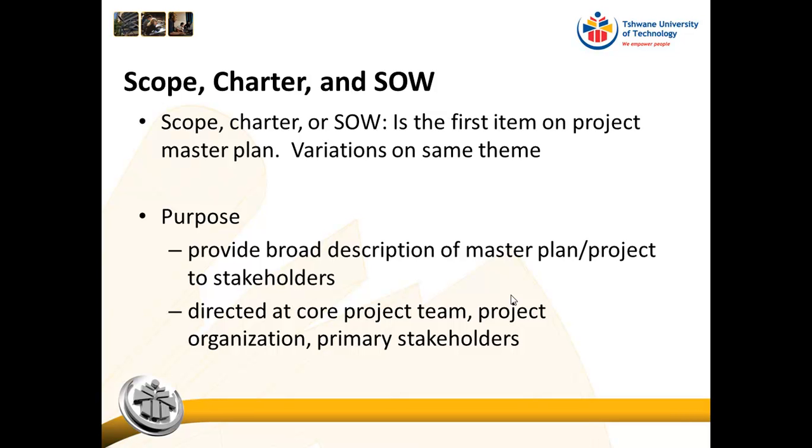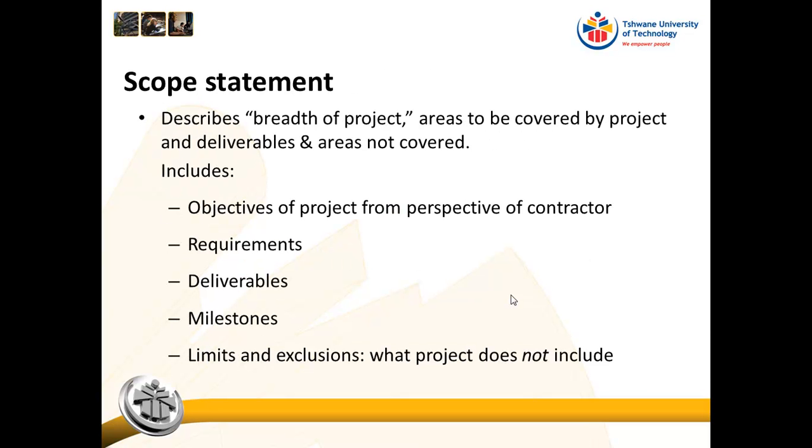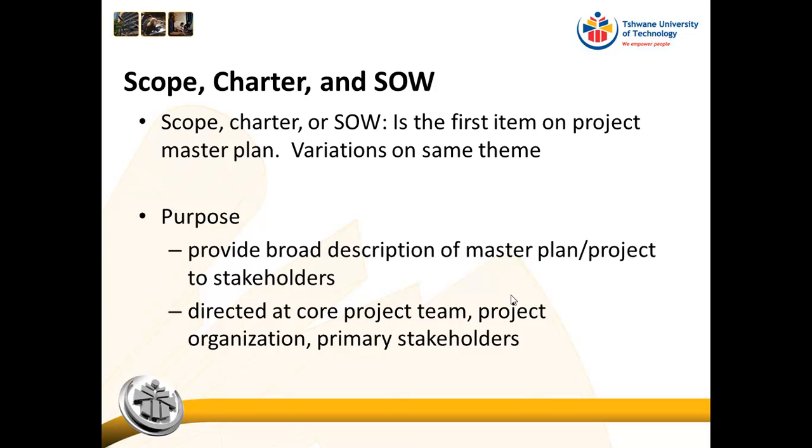So the main purpose is to provide a broad description of the master plan or the project to the stakeholders, and it's directed at the core project team, the project organization, and the primary stakeholders. So maybe if I just go back, what is the difference between the charter and the scope statement and the statement of work?